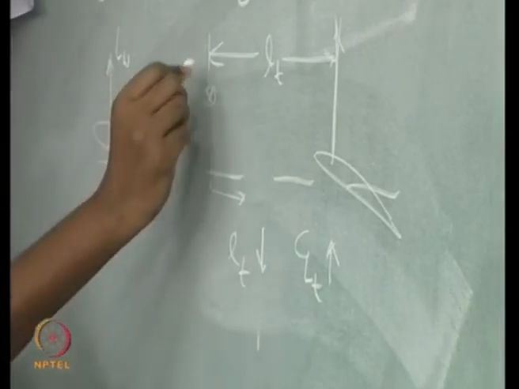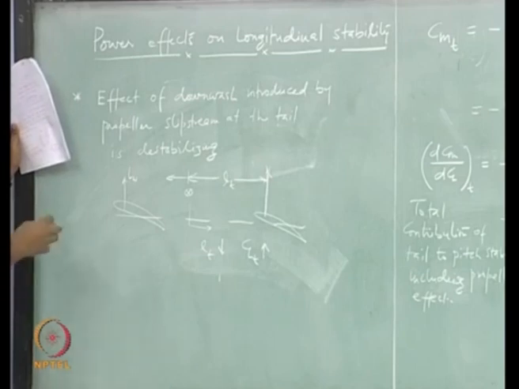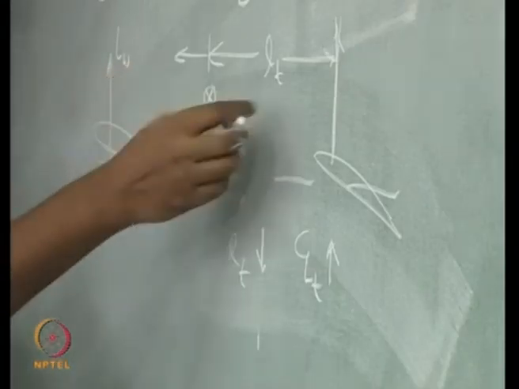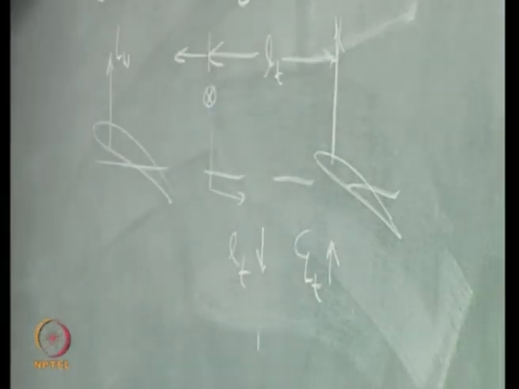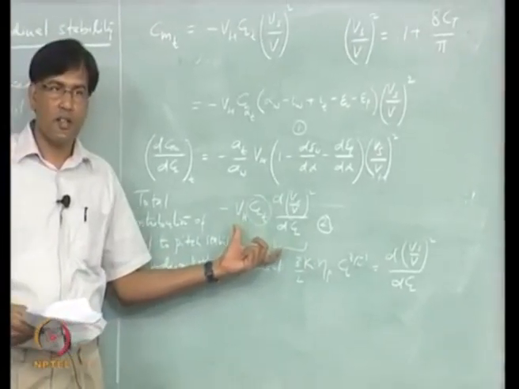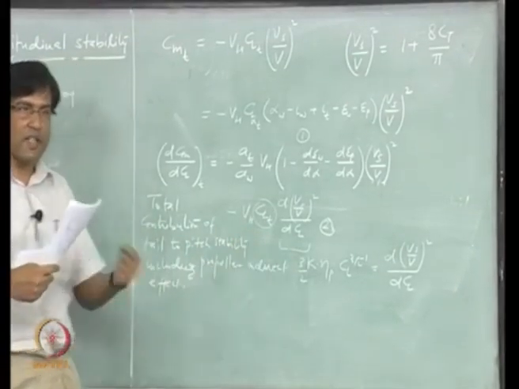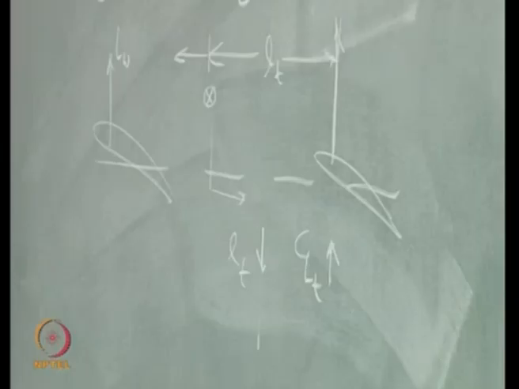See what happens when you are moving CG forward, right, towards the wing, then the wing will have less destabilizing effect, and to trim the aircraft you will have to produce lesser lift on the tail, and lesser lift at the tail means destabilizing effect from the tail. So it actually compensates for the change in stability when you move the CG backward and forward. So the effect of this term is that.